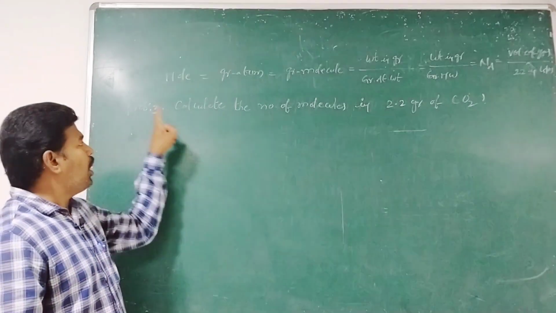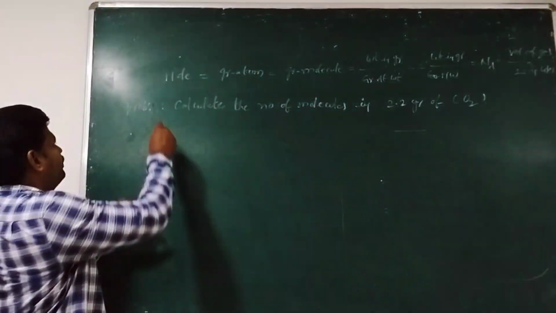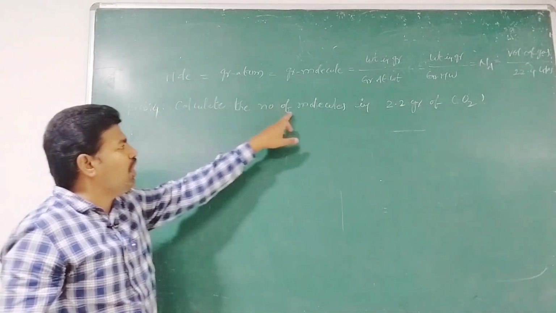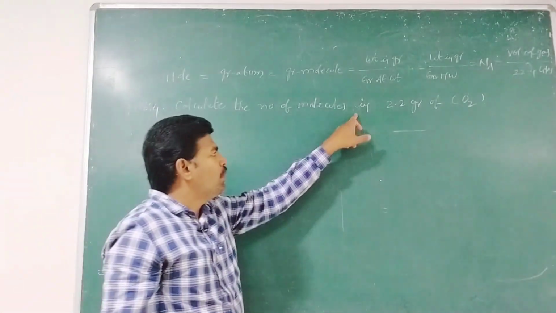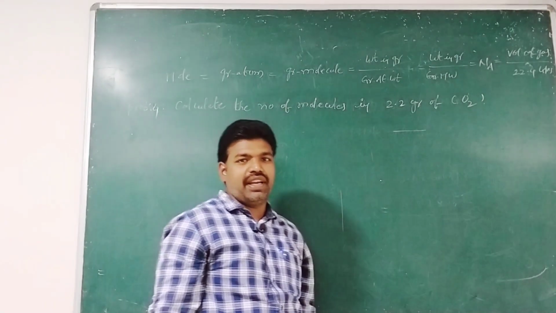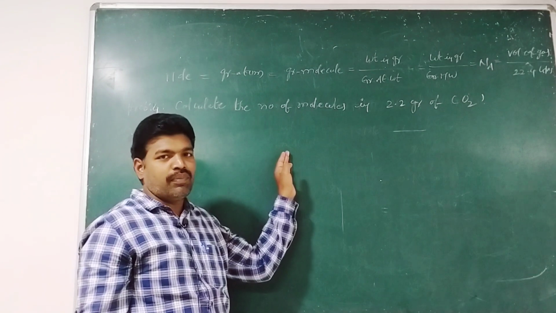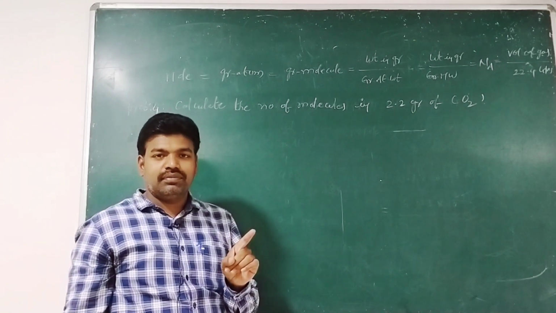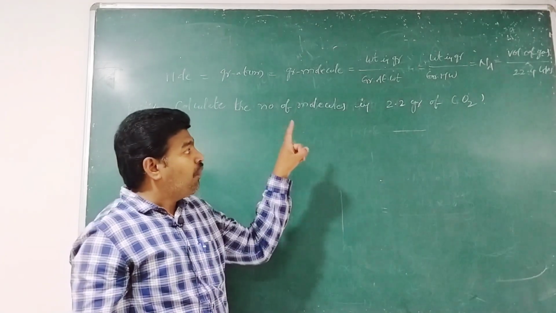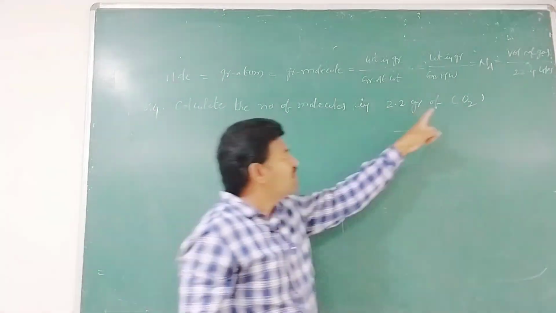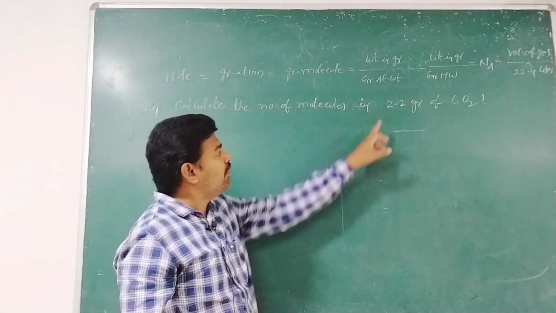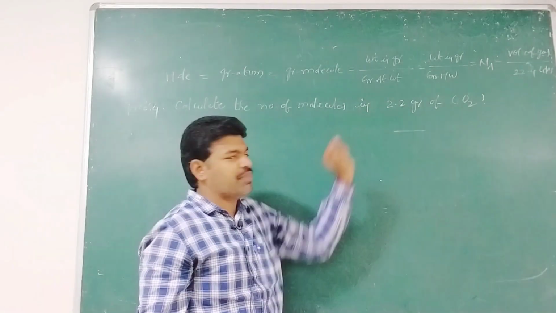Problem 4. Calculate the number of molecules in 2.2 grams of CO2. From this problem you should know one thing: what they give is a CO2 molecule and 2.2 grams.